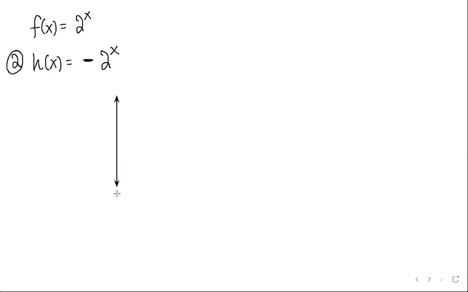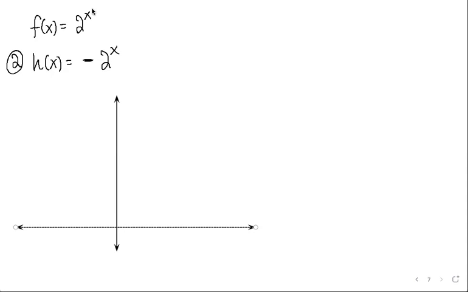Again, my original function is f of x, 2 to the x, and I need to graph the function h of x equals minus 2 to the x. Where we have the minus, this means we have to do a reflection, but where exactly do we do the reflection? The x-axis. To the x-axis, exactly.